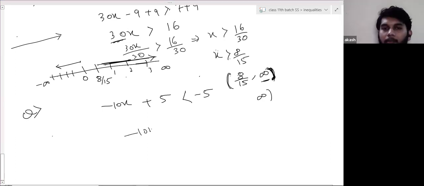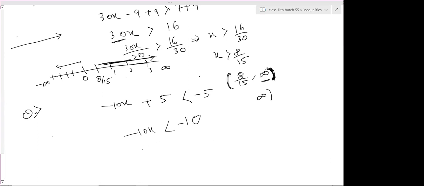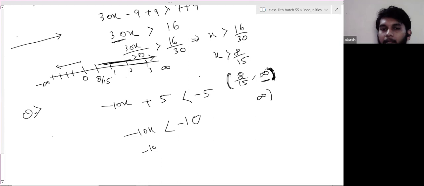So let me solve this. Minus 10x plus 5 less than minus 5. If I divide by a negative number, minus 10x by minus 10, minus 10 by minus 10, then this sign will change. So this is x greater than 1. So 1 to infinite.